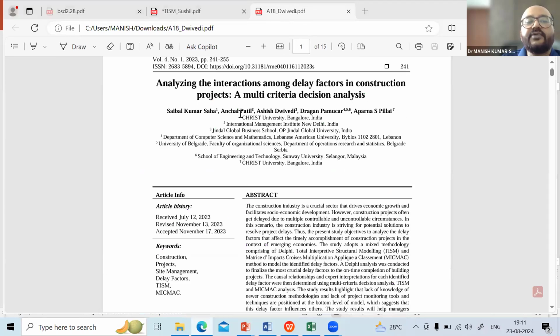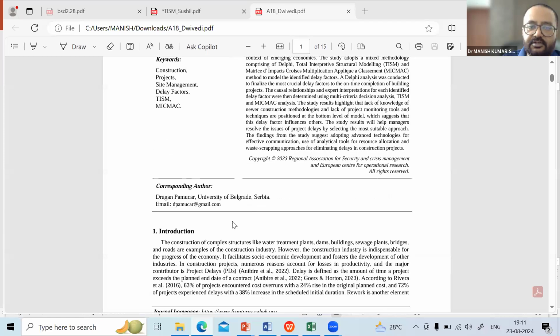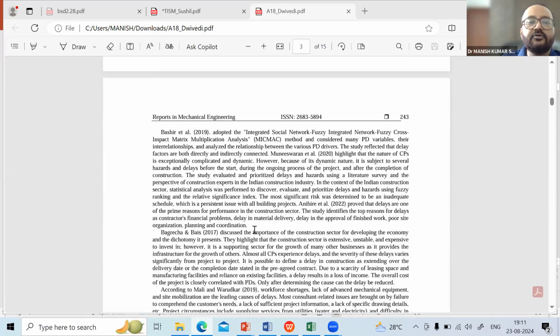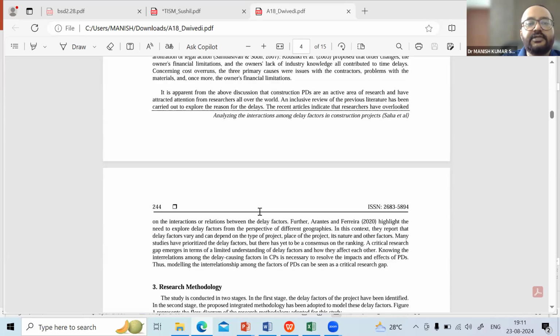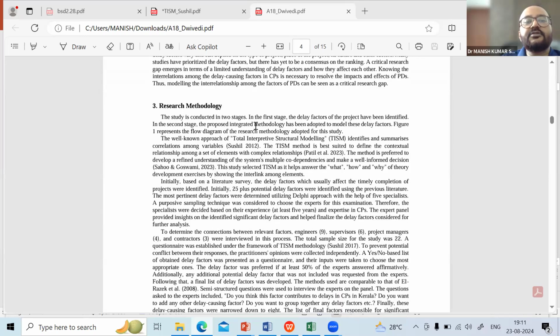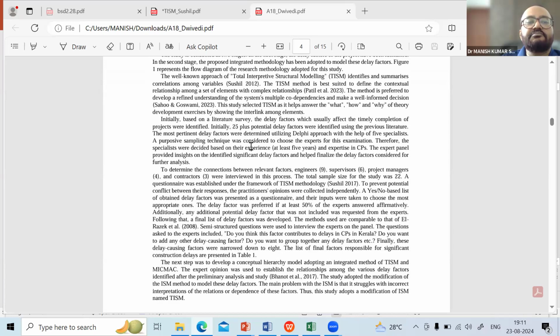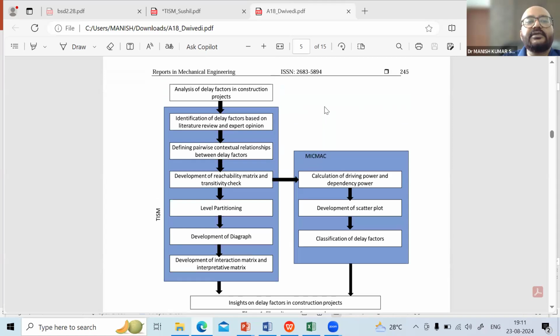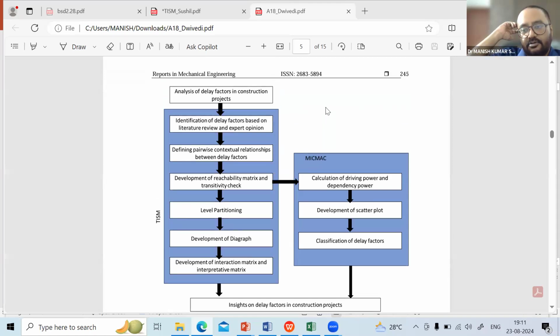So this is the paper where we have got delay factors in construction projects, and then we try to apply the TISM model. I think a few basic things I try to provide you before we go for the final development of the model. So this methodology, I can share this paper. You can just read it. Basically, I wanted you to come to this page. So what is this page? They are talking about, first you have to find out the delay factors in construction projects.